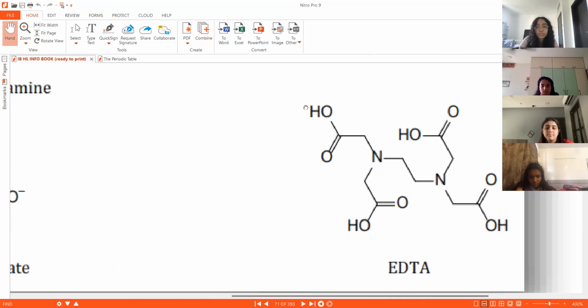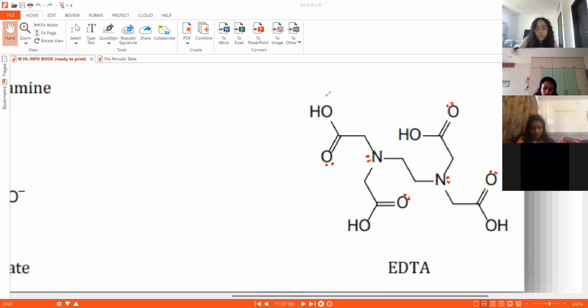EDTA is hexadentate, 6 coordinate bonds from one single molecule. So the 2 nitrogens and the 4 oxygens here. One molecule of EDTA can form 6 coordinate bonds. That's hexadentate.